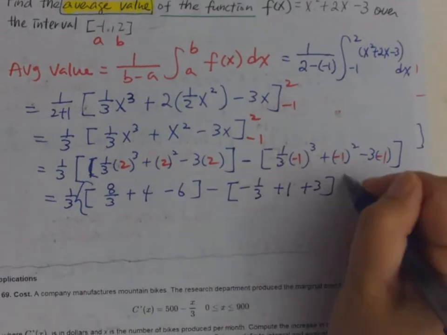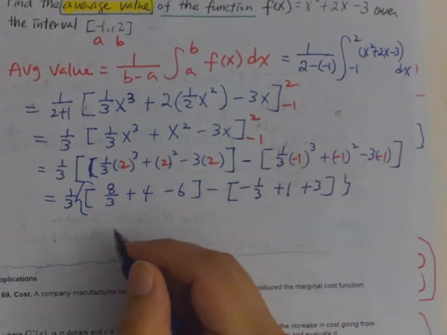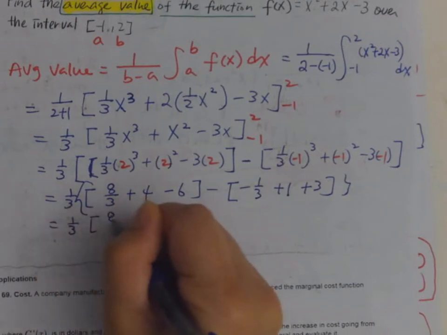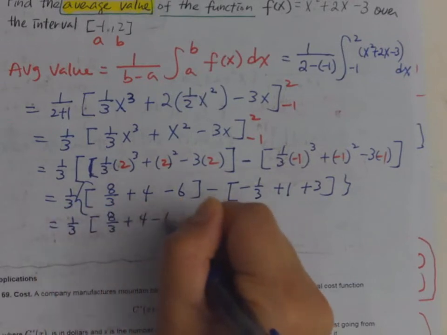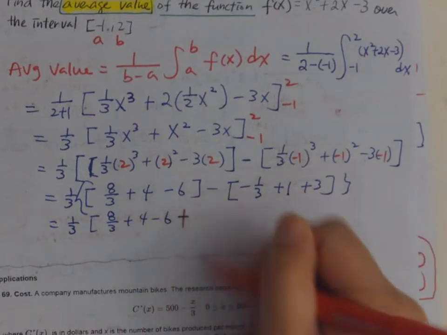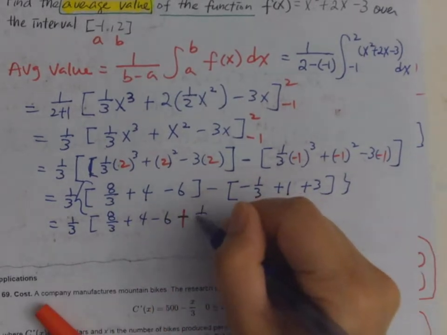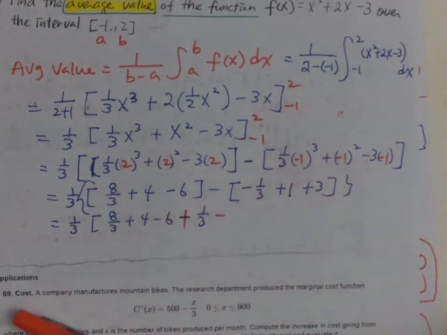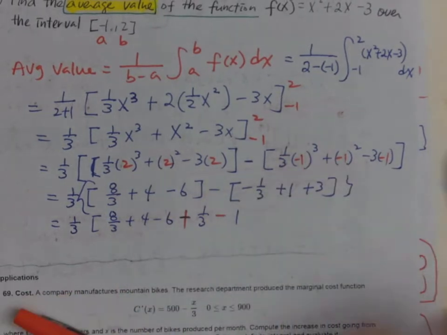Okay, now we need to do some combining. 1/3, this is 8 over 3 plus 4 minus 6 plus 1/3 minus 1 minus 3.